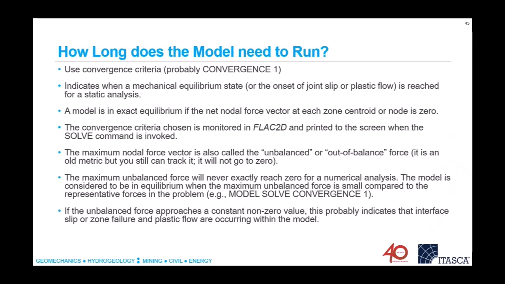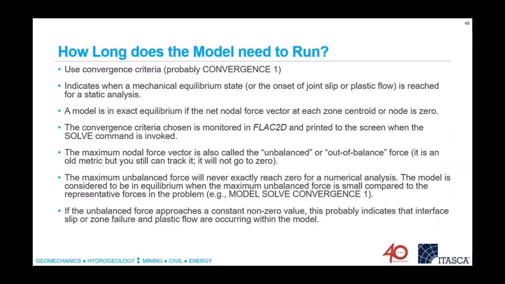A model is in exact equilibrium when the force vector at the zone centroid is 0. It's never truly possible, but we specify what is acceptable for us by specifying convergence 1 or a different ratio.